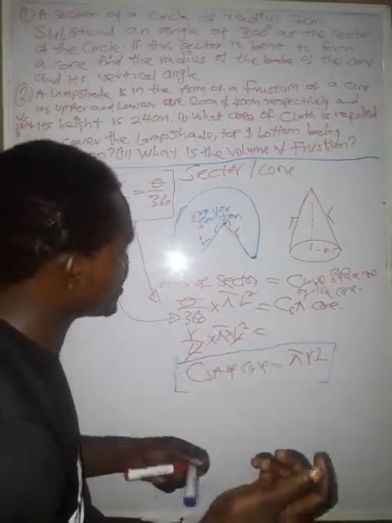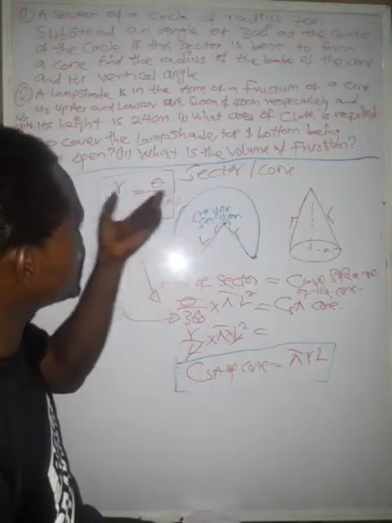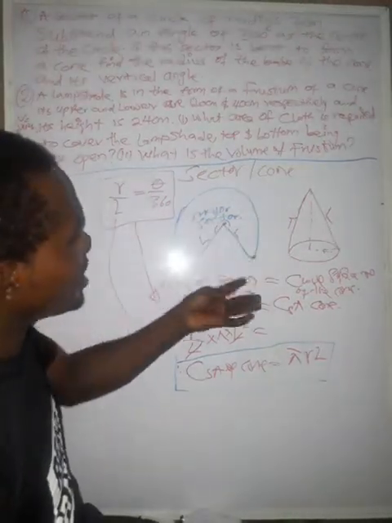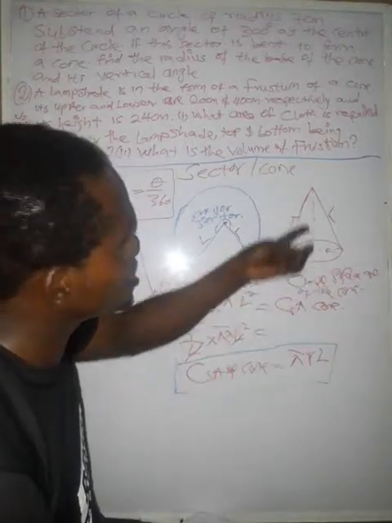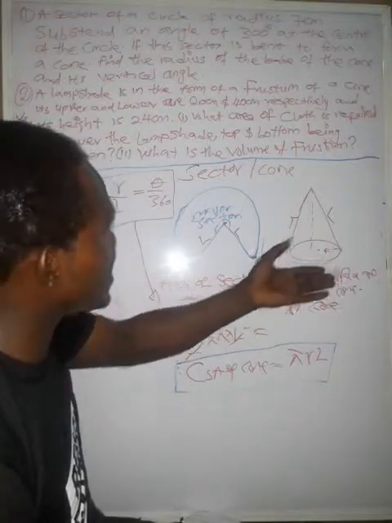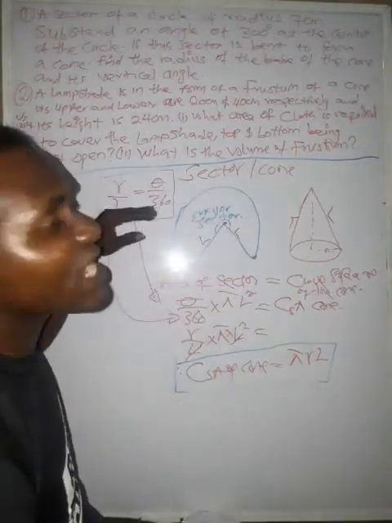Don't forget where we started from. Before all, we considered the length of an arc. The length of this arc has become the circumference of the cone, and we know the circumference of the circle is 2 pi r. By the time you equate the two and simplify, you arrive at this.